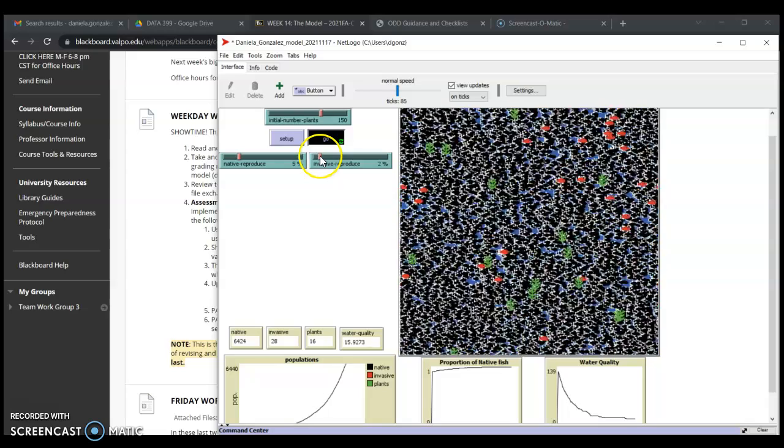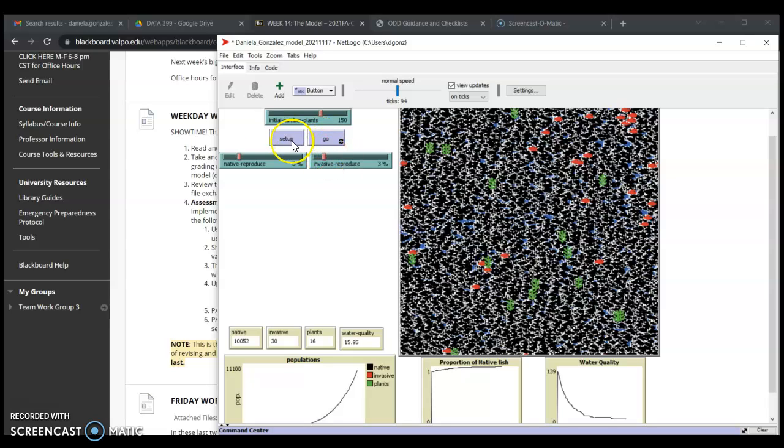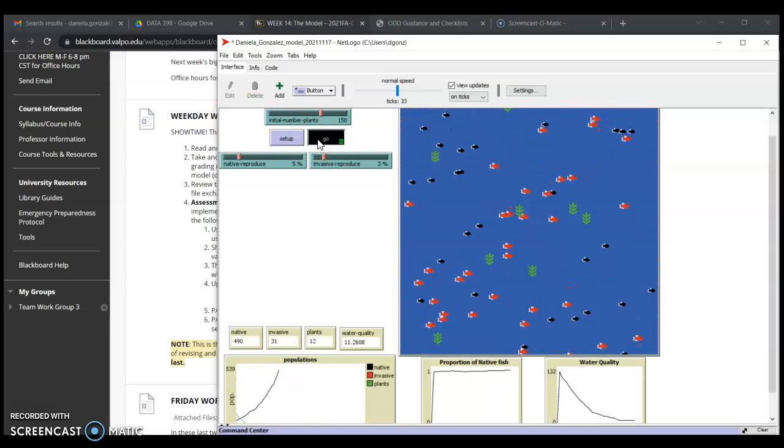But once we get to about 2%, we do see that the native fish are thriving and they do not go extinct. Yeah, and that will sometimes happen when we're at 3%, but it's most definitely that the invasive fish need to have as low of a reproduction rate as 2% in order for the native fish to certainly thrive.